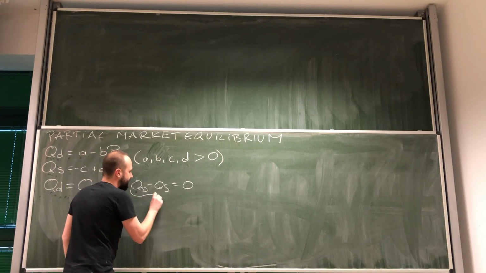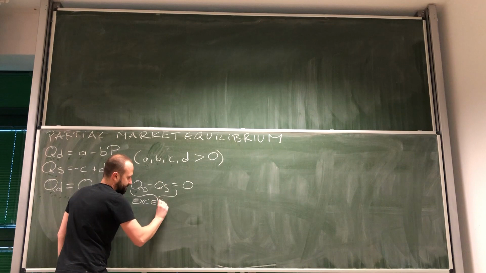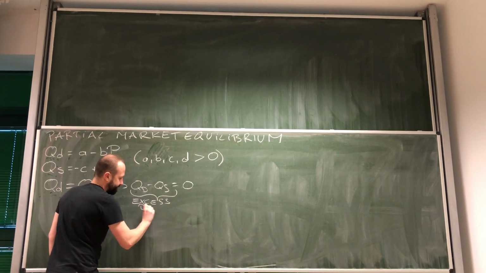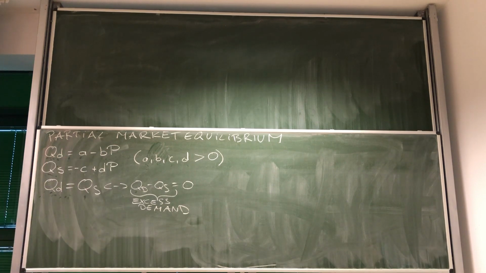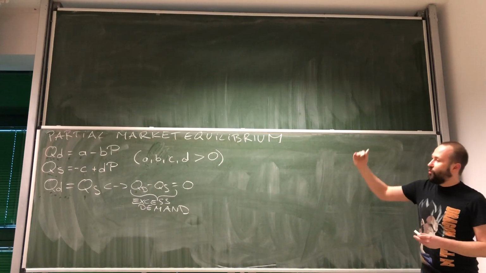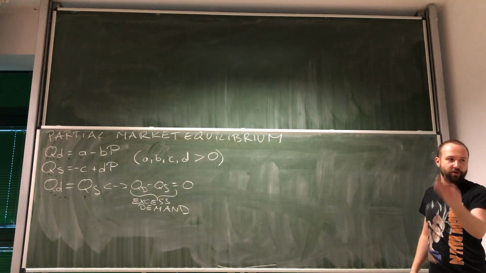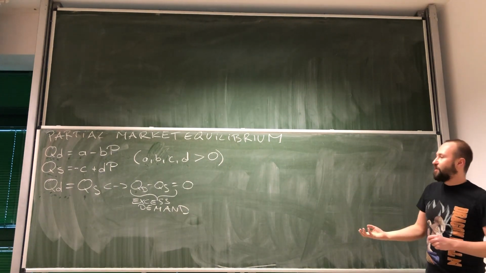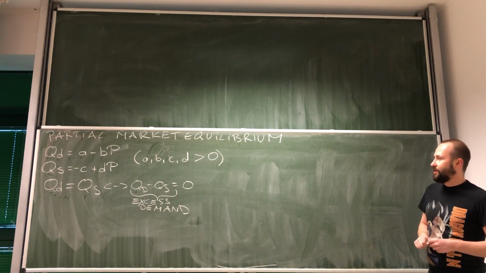So in other words, this is excess demand. So we see that when excess demand is exactly 0, so there's no higher demand than supply, we will have equilibrium in the model.